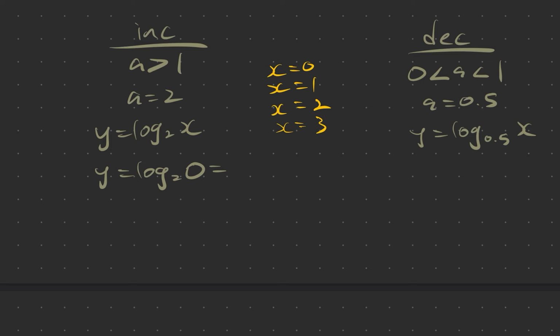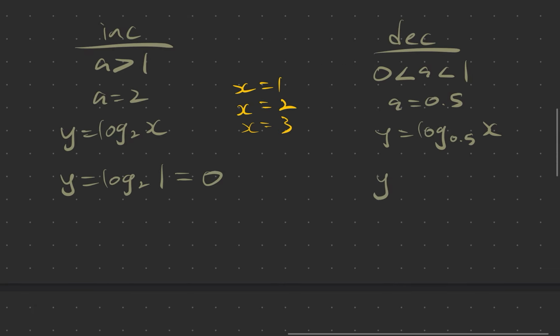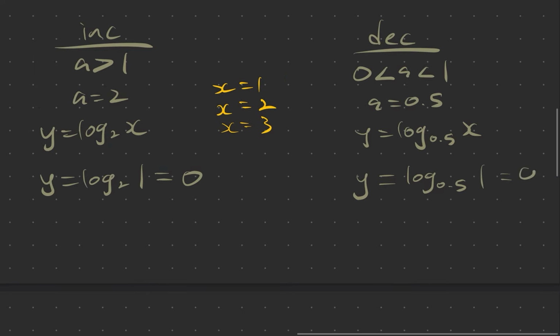Okay, apparently you can't do that. Okay, we'll not do this one. Okay, we'll just start from 1. So when x equals 1, we'll end up getting y equals log base 2 of 1. We'll get 0. Alright, then for y equals log base 0.5 of 1, we also get 0.